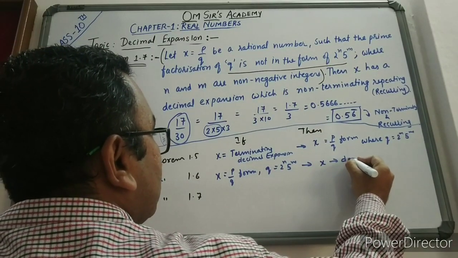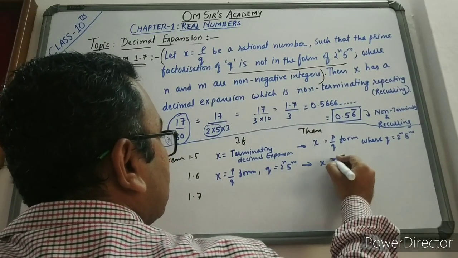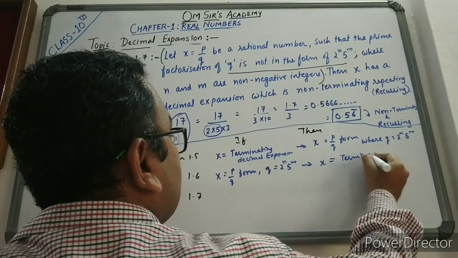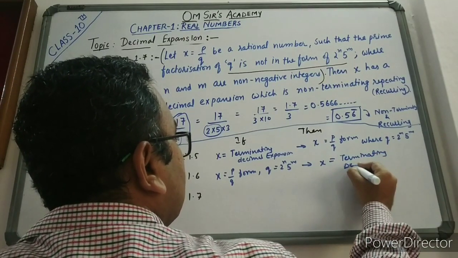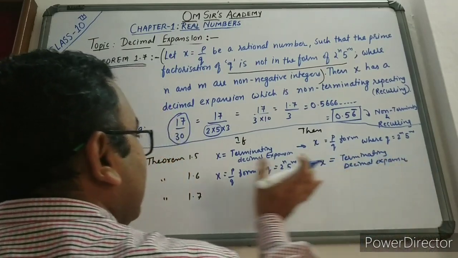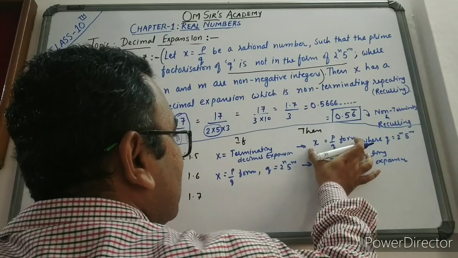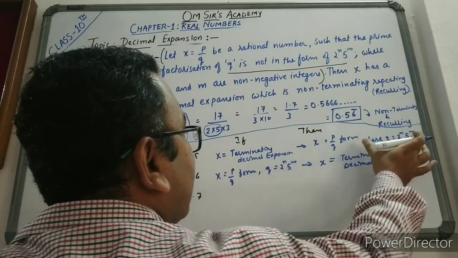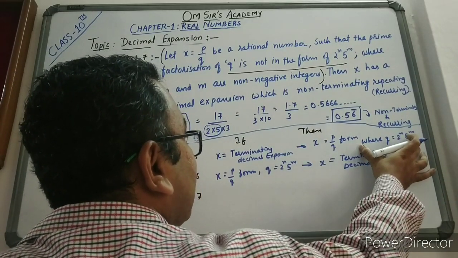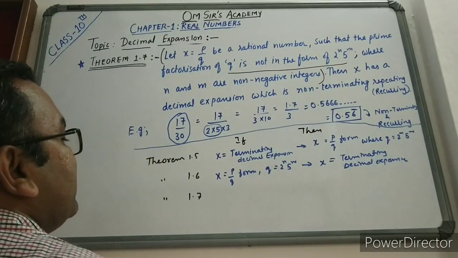A terminating decimal expansion. Okay, if x has a terminating decimal expansion then x will be in p by q form, where p and q are coprime, and q will be 2 raised to n and 5 raised to m, where n and m are non-negative integers.